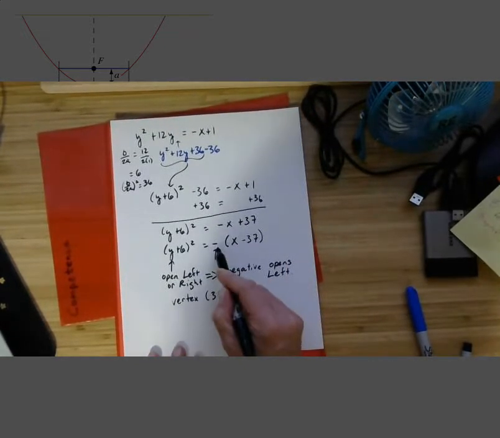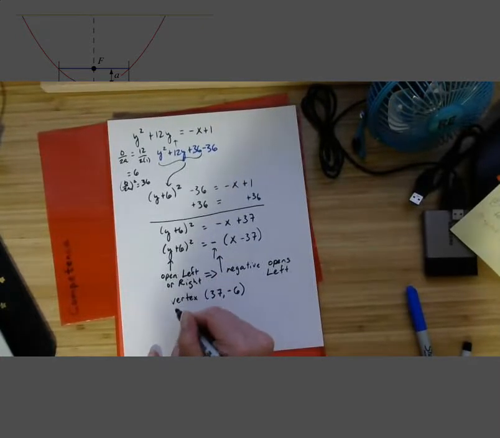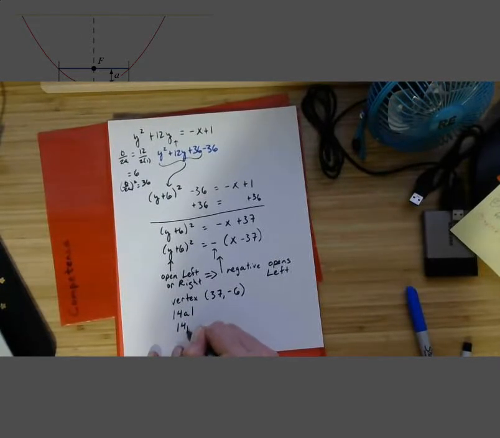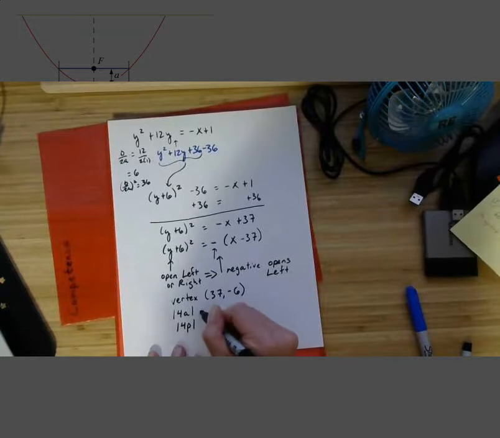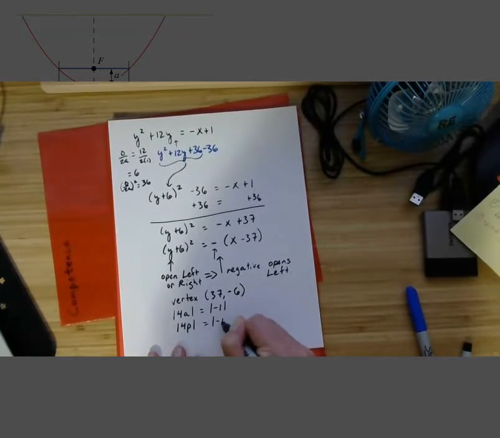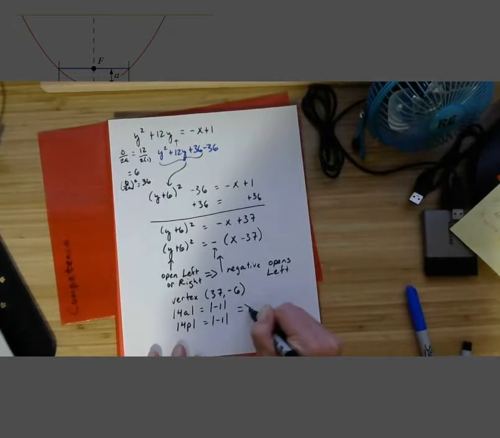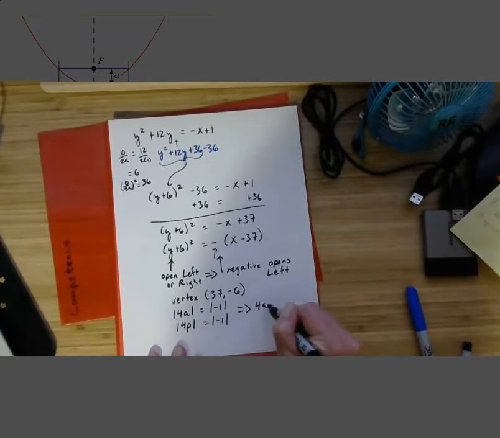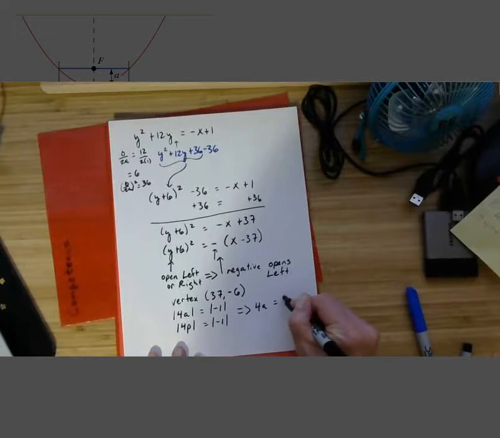So in this case, the number out in front of the parentheses was a negative 1. So I'm going to have that the absolute value of 4A, or your book again may call it P, would be the absolute value of negative 1. In this case, this implies that 4A or 4P has to be 1.